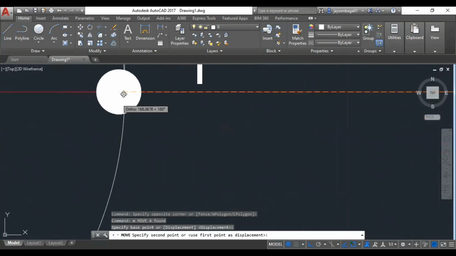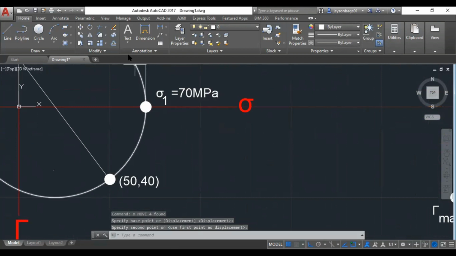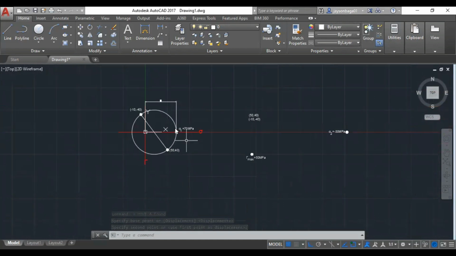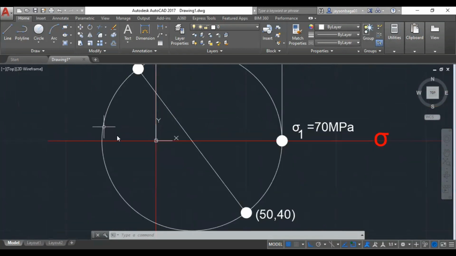So ito nga palang circle natin is in terms of megapascal. After natin makuha yung sigma 1, kunin naman natin yung distance ng sigma 2.